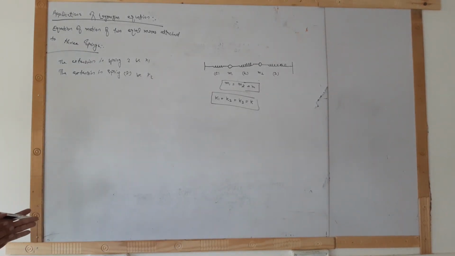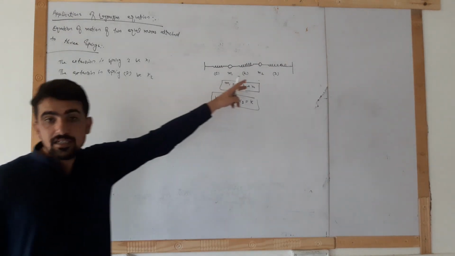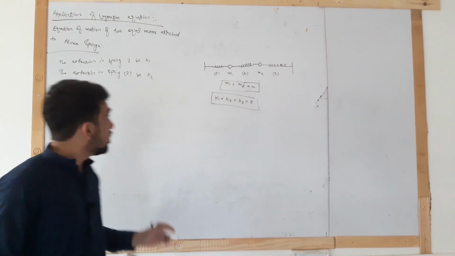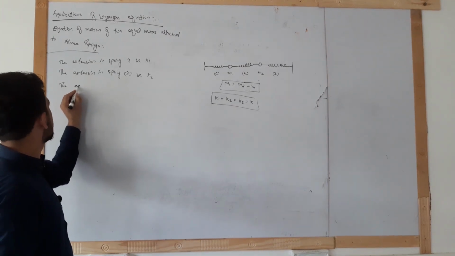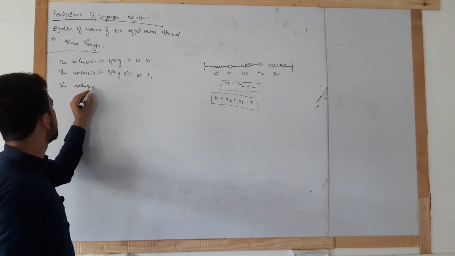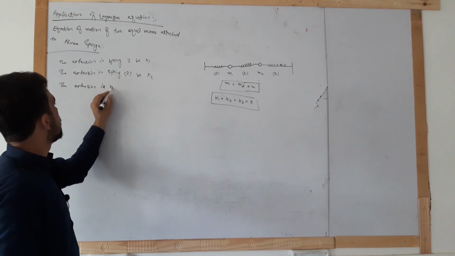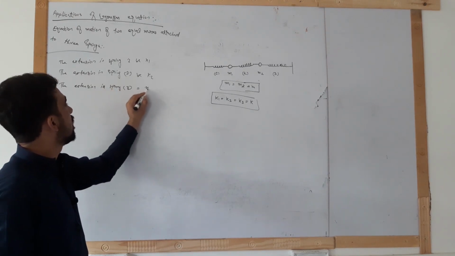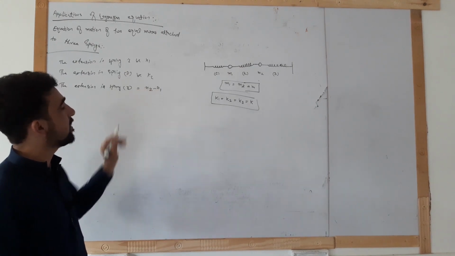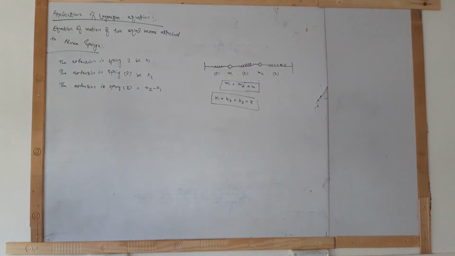When x1 and x2 change, they change spring 3, so the extension in spring 3 can be written as x2 minus x1, that is x3 is the difference between x2 and x1.